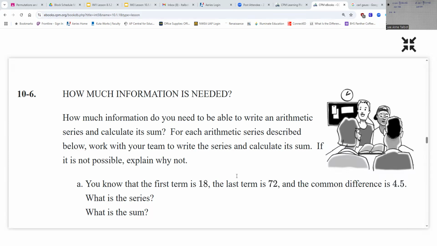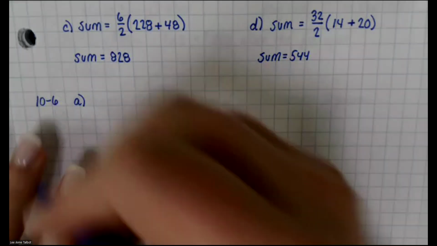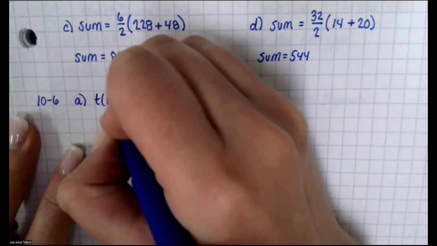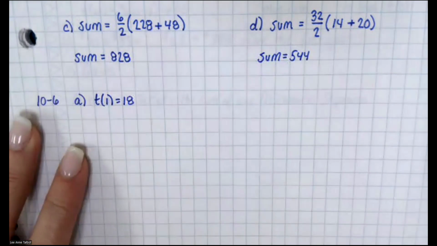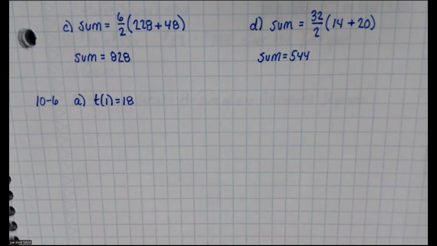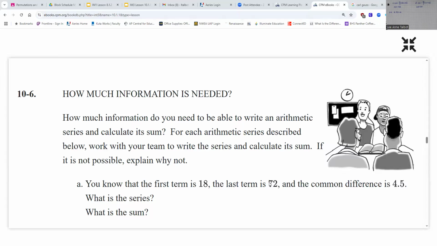Okay, so number 6A. You know the first term is 18, the last term is 72, and the common difference is 4.5. This is actually easy, but we need to translate. It says, you know the first term is 18. So you write it like this: T1 equals 18. The last term is 72, so you write Tn equals 72.